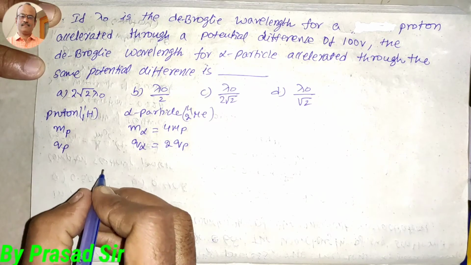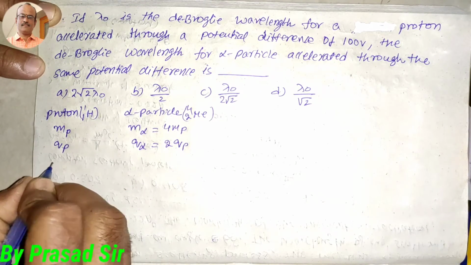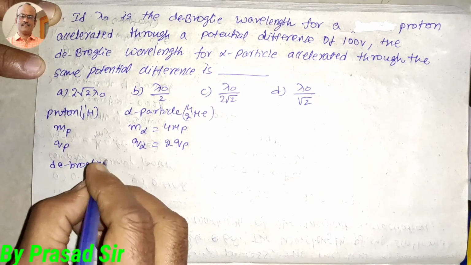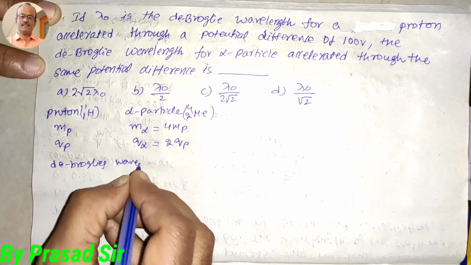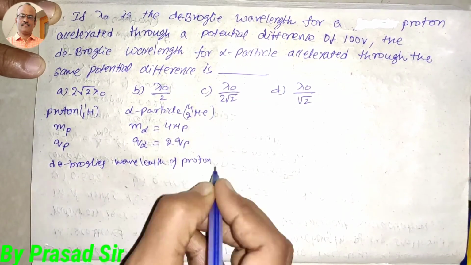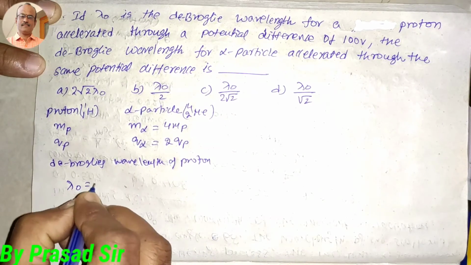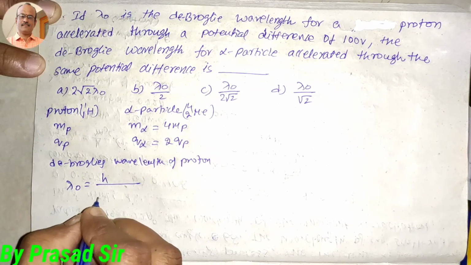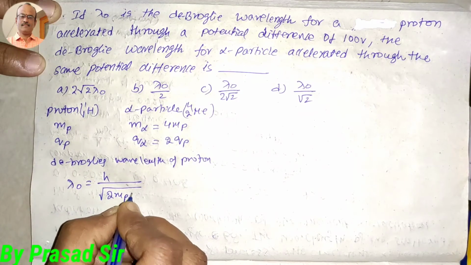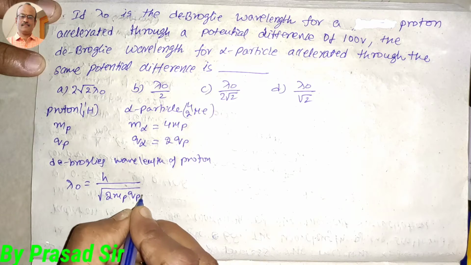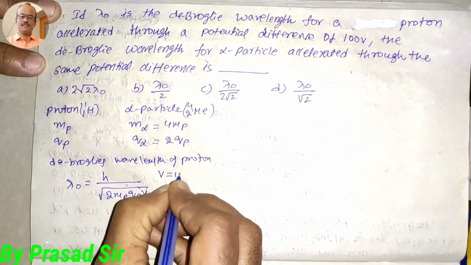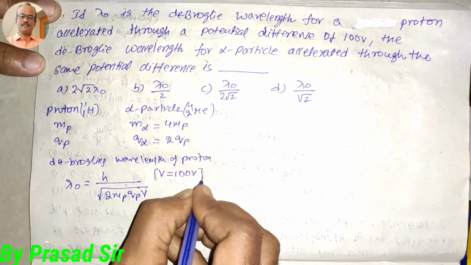So first of all, what they gave here, that is the de Broglie's wavelength of proton, lambda naught is equal to h divided by square root over 2 times mass of proton, charge of proton, and potential difference, that is I will take as V, but according to the proton they gave 100 volts as the potential difference.